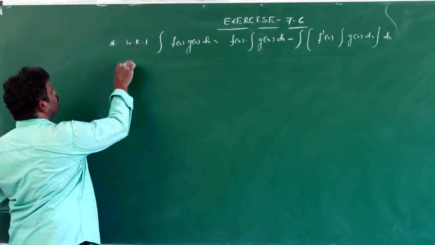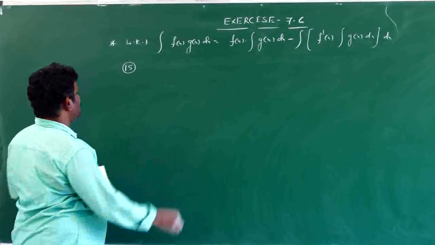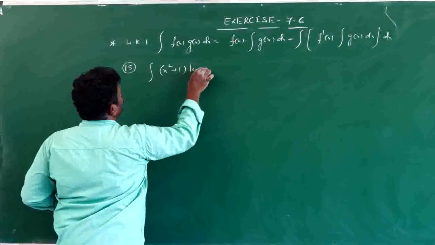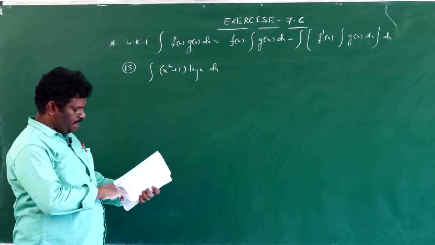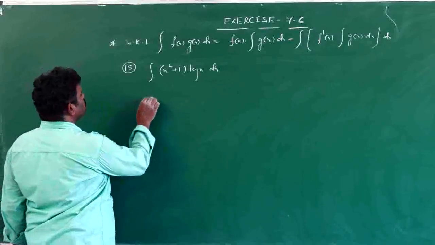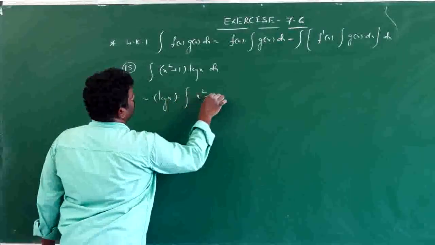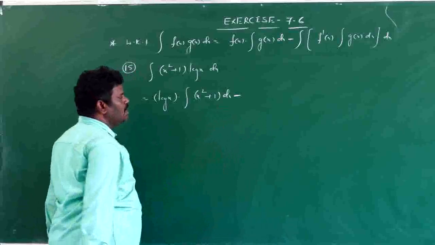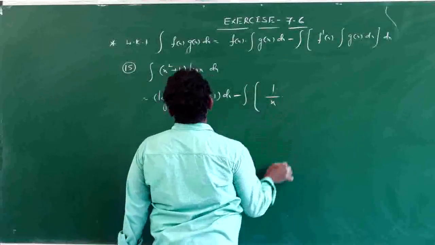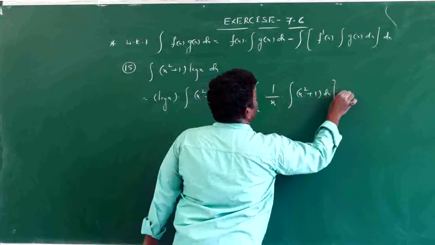15th question: integral of (x square plus 1) into log x dx. Here also there is a log function. First, log x into integral of (x square plus 1) dx, minus integral of f dash of x, 1 by x, into integral of (x square plus 1) dx, whole dx.